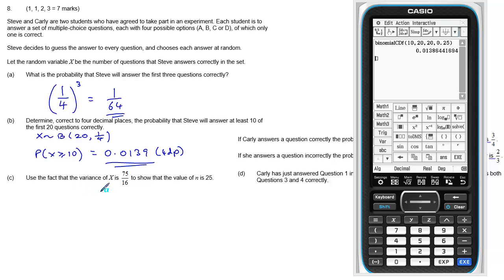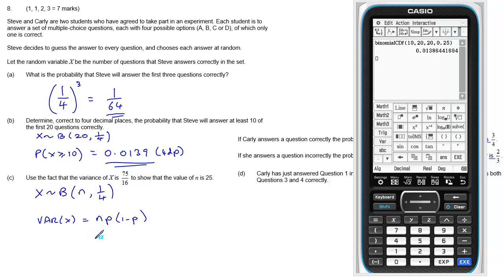Use the fact that the variance of x is 75/16 to show the value of n is 25. So we've got a binomial here with n trials, probability of success a quarter. But we know that the variance is np(1 minus p).